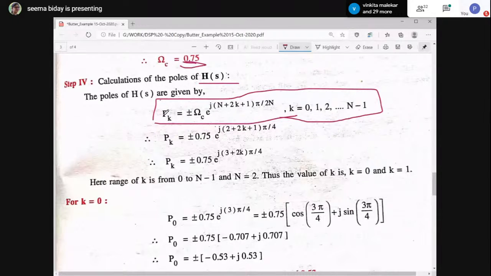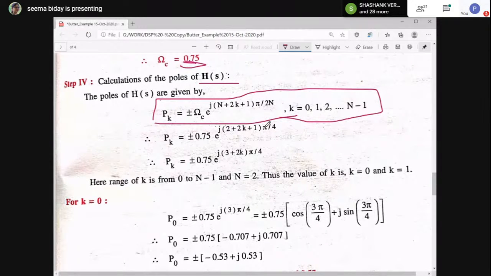Pk equal to plus minus omega C, which is the cutoff frequency, e to the power j pi in bracket N plus 2k plus 1 divided by twice N. Again you should know the formula for calculating poles.